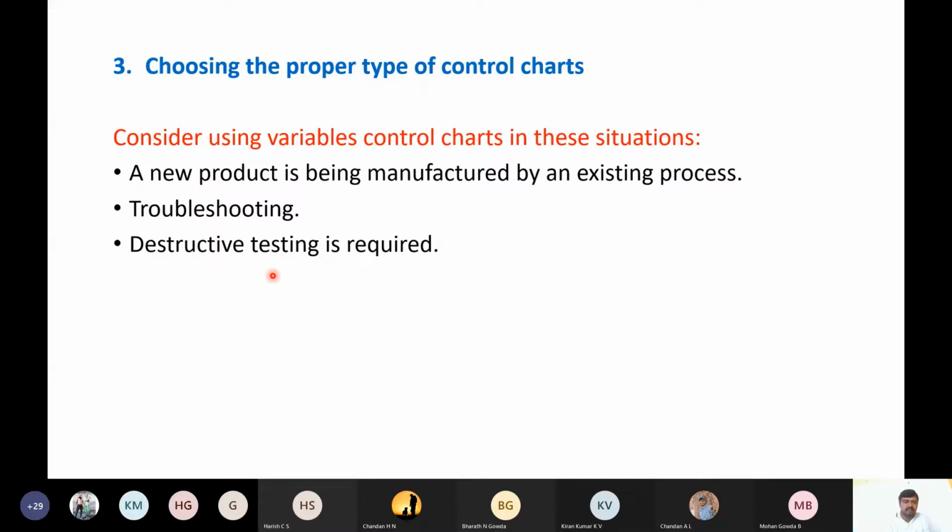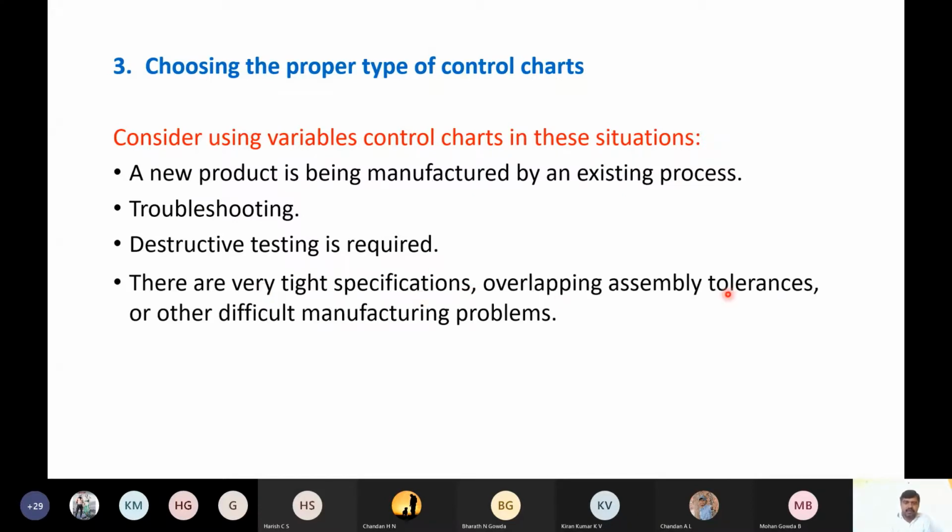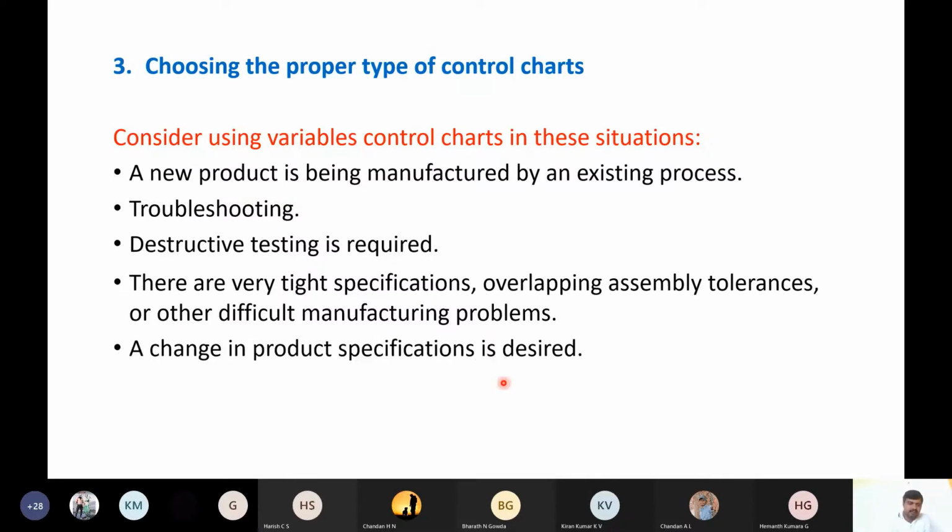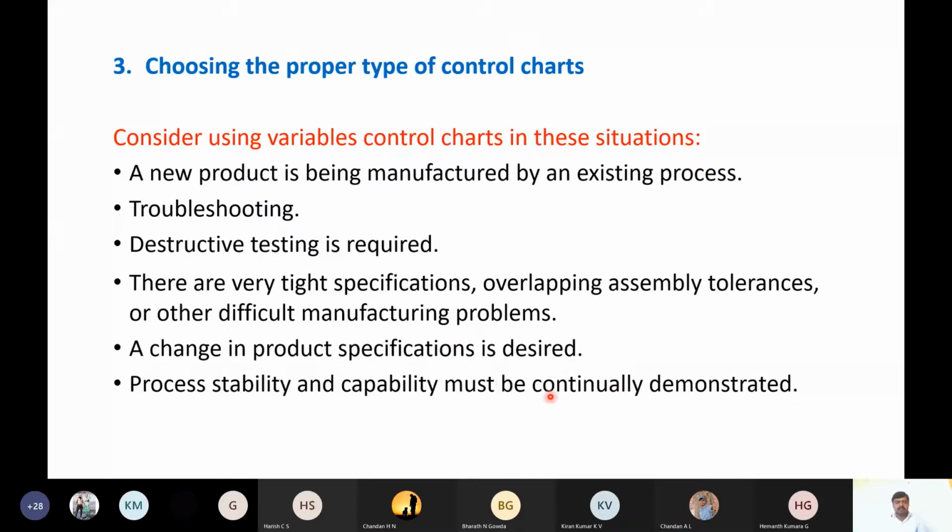For that, they will conduct this destructive testing. There are very tight specifications, overlapping assembly tolerances, or other difficult manufacturing problems. A change in product specifications is desired. Process stability and capability must be continually demonstrated.